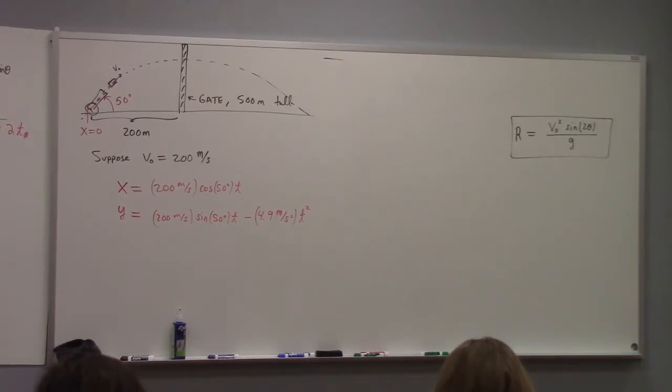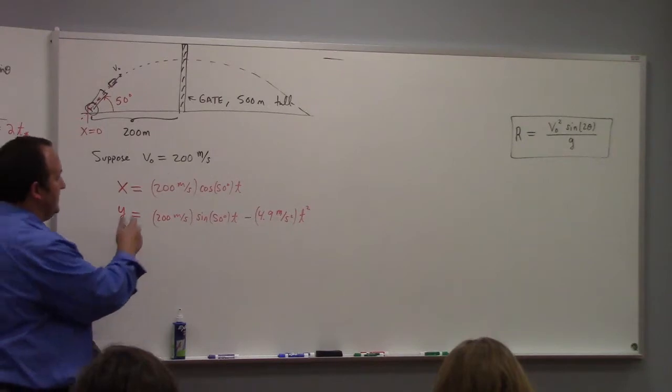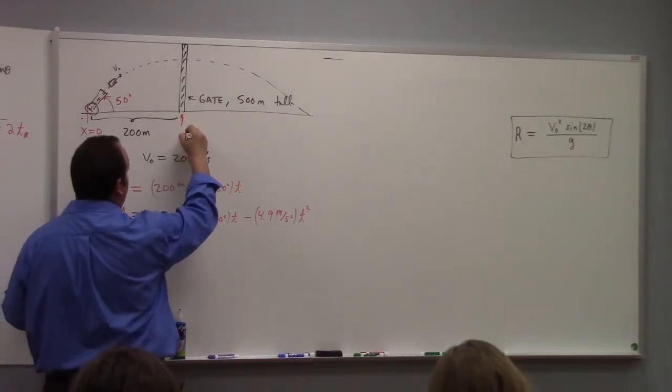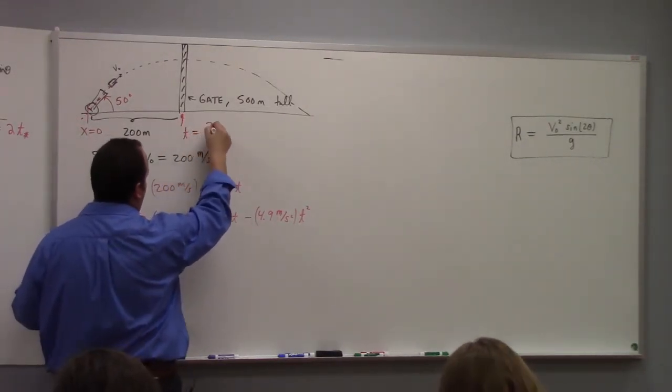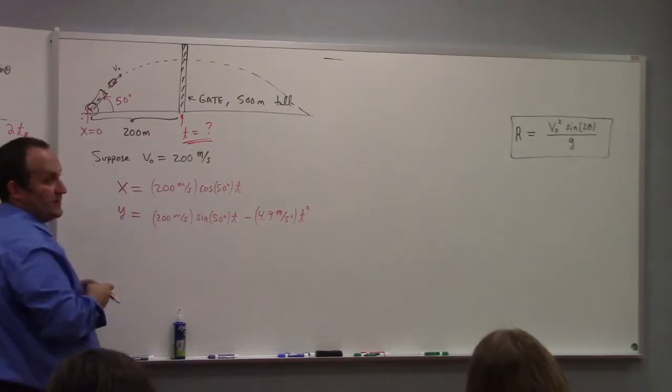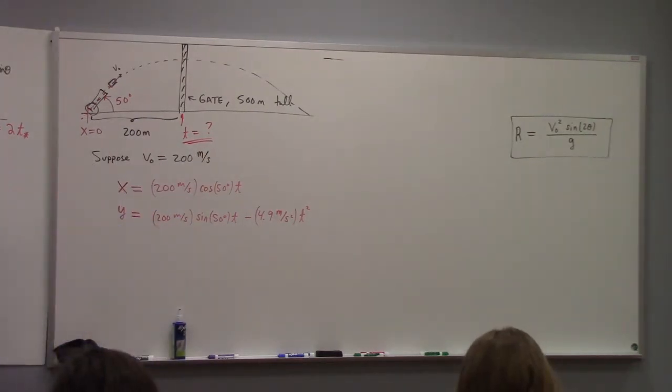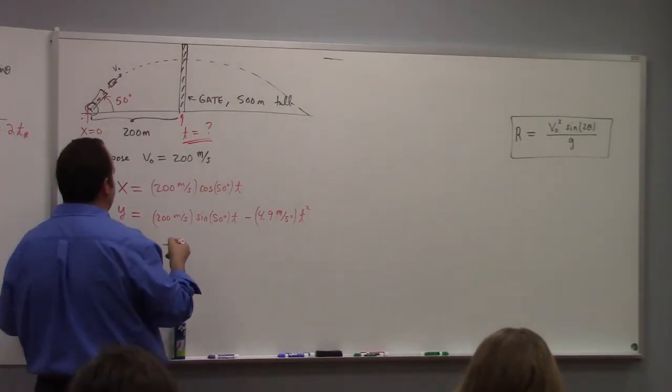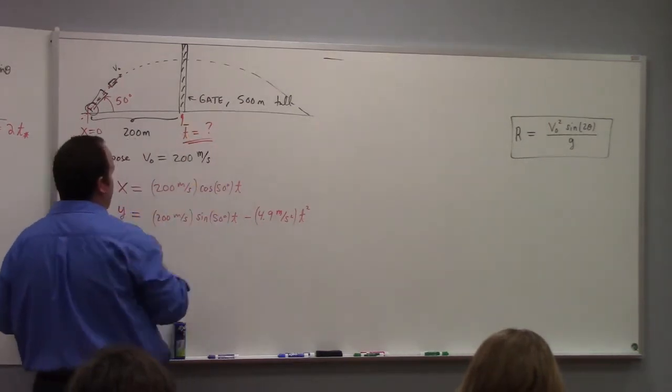Now, how do I decide whether or not the projectile clears the gate? What time am I interested in, and what inequality is interesting to us? I need to figure out this time, so let's give it a name. How about T-bar? I haven't used T-bar yet.